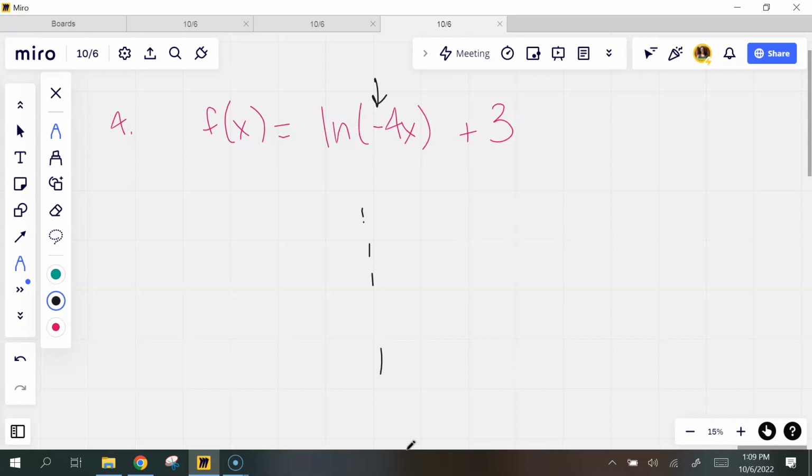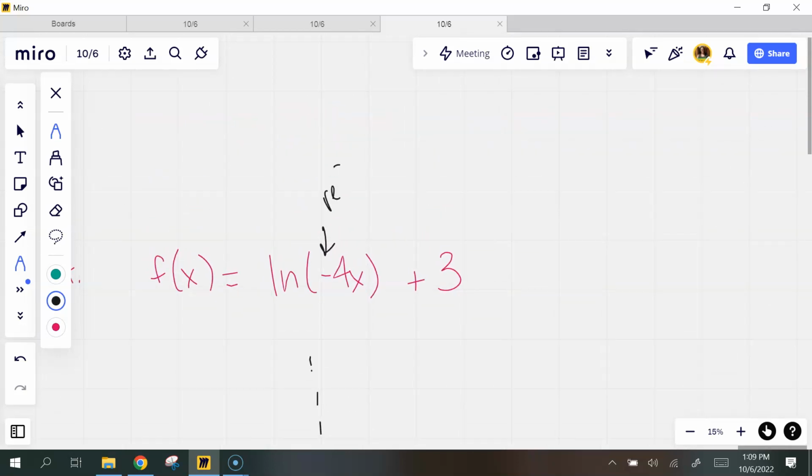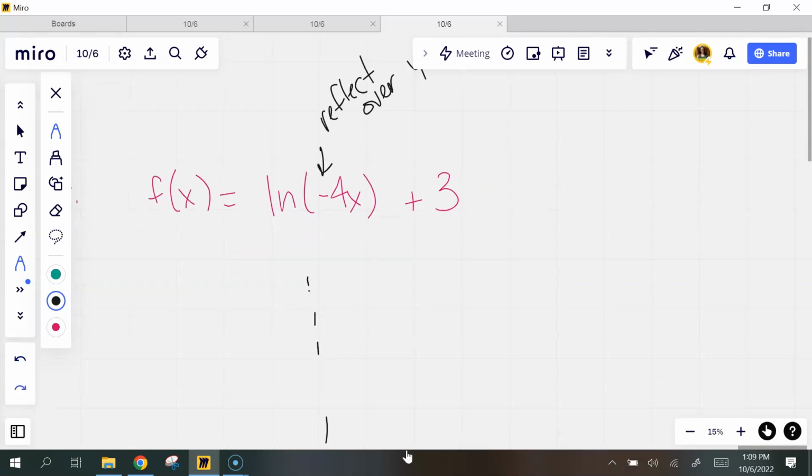Does that make sense? The negative in front of the whole log flips it up and down, but the negative in front of just x flips it left and right.